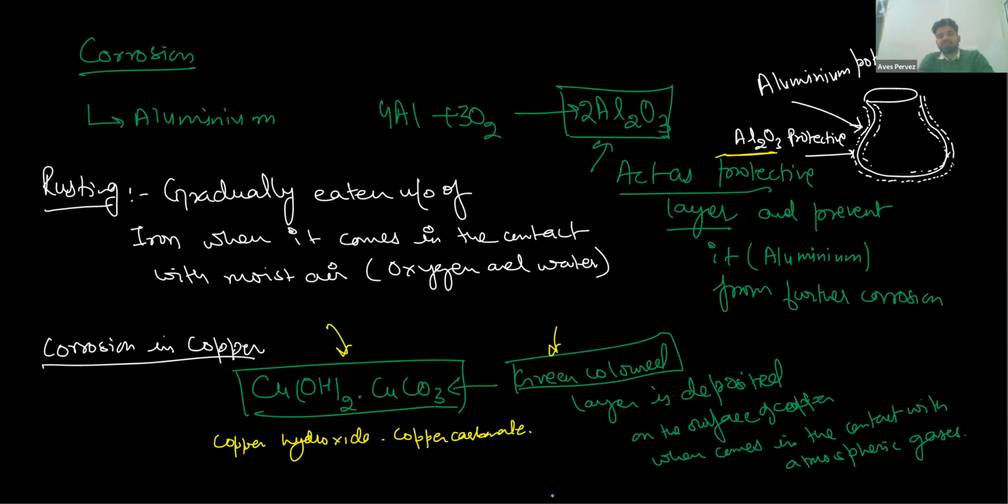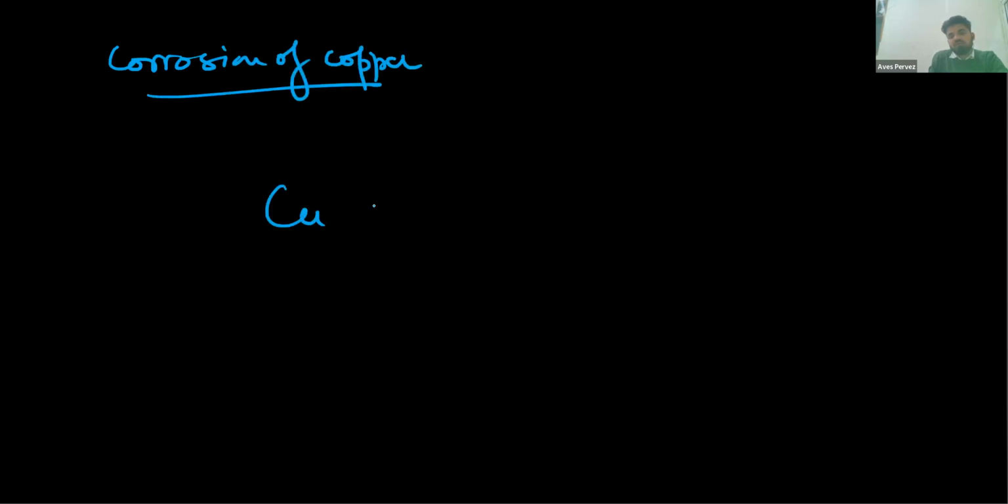Next is copper, the corrosion of copper. If you have copper, when it comes in contact with atmospheric gases, it forms copper hydroxide and copper carbonate, CuOH or copper carbonate.